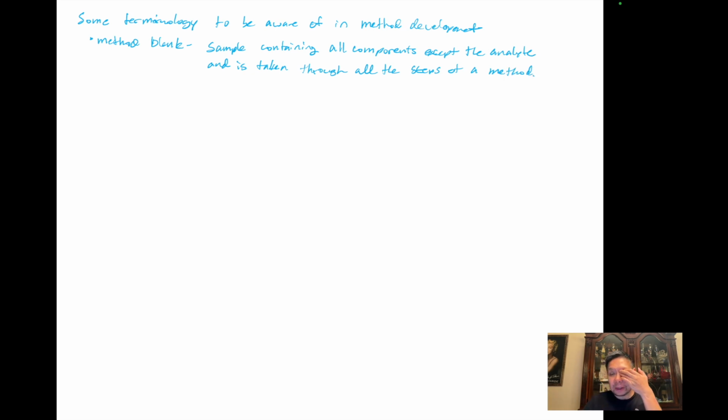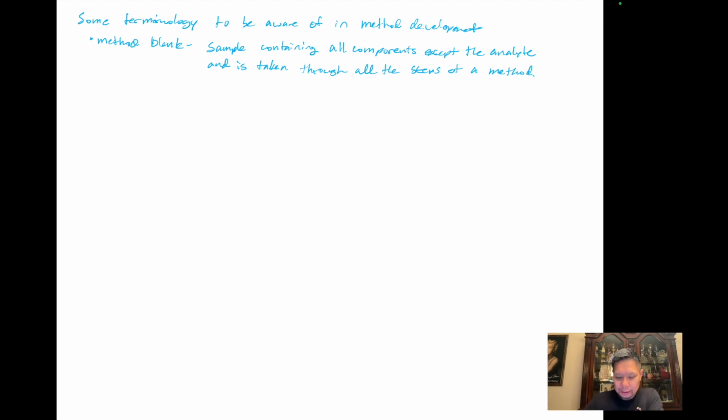So you can think of a method blank like the blank that you would use when you're doing a Bradford assay. Every one of those samples that you have of your standard will have a protein standard in it, usually BSA, bovine serum albumin, at different concentrations, and the Bradford reagent. Well, your method blank for that particular assay will be the Bradford reagent without any BSA standard inside.